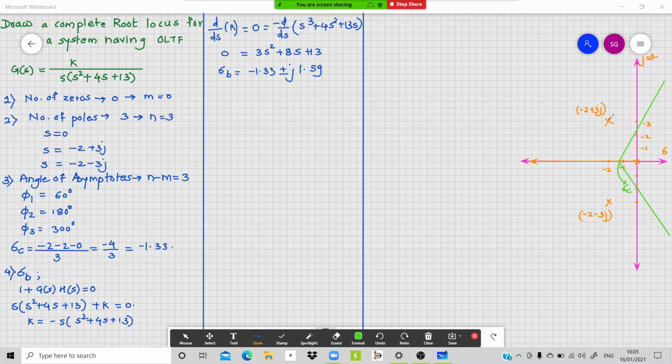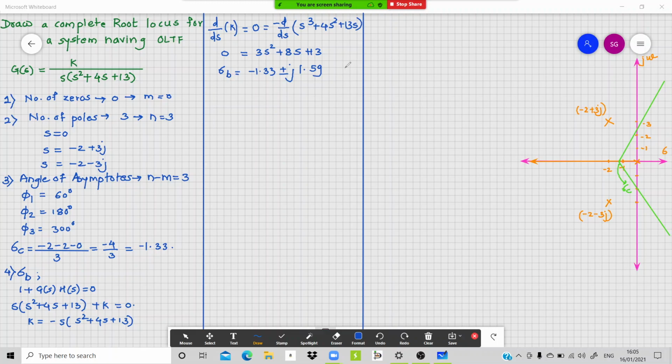Not possible. So very important thing, two things are remaining: angle of departure and where they are cutting the imaginary axis. If we are able to know these two things, then chances are we can have more accuracy in the root locus. We got the breakaway point over here, but the root locus is not possible.